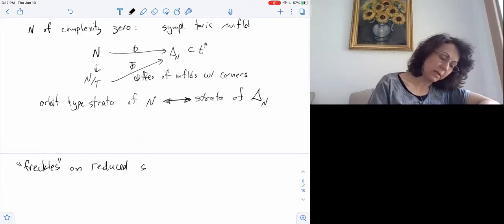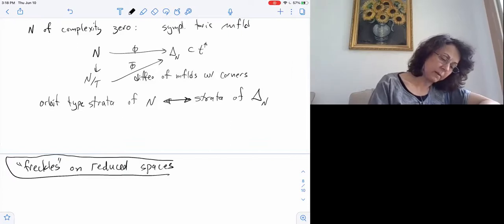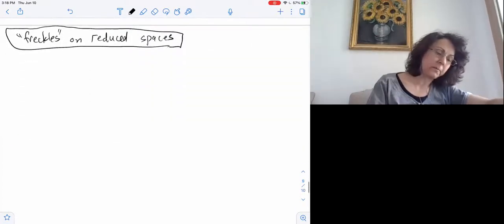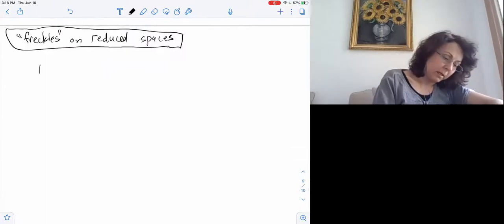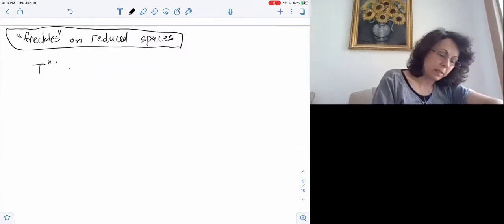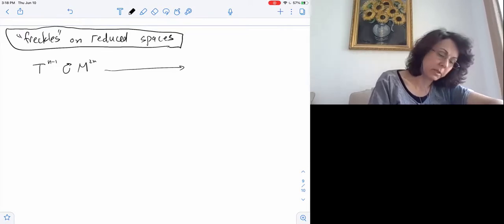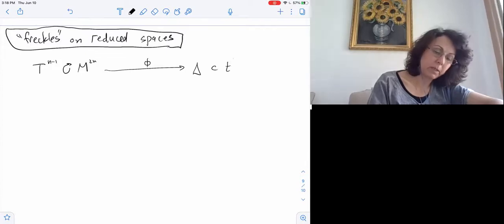So again, everything here is complexity 1 now. So the reduced spaces are going to be either two-dimensional or single points. Let's spell this out. Complexity 1 means the torus is 1 less than half the dimension of the manifold. So I just spelled out the dimensions in my notation. And here's the momentum map and the momentum image.